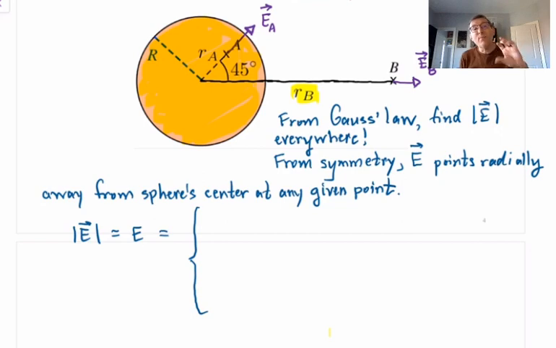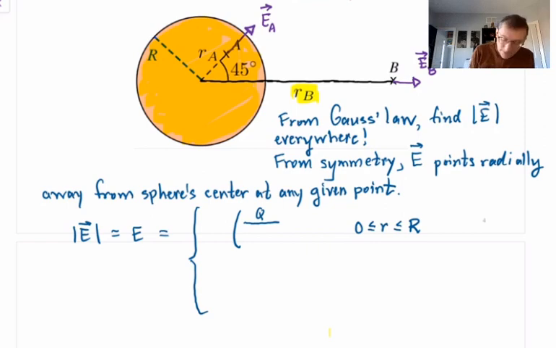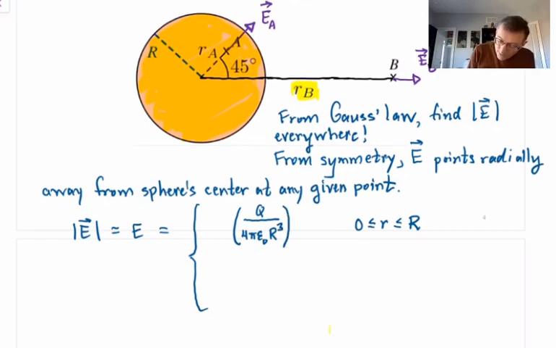If you are at any point inside the sphere, that's going to correspond to the distance little r being between 0 and big R. And the result, which you would get from Gauss's law for the magnitude of the field, is the total charge of that sphere, big Q, over 4 pi epsilon 0, its actual radius, big R, cubed, times, upstairs, little r.